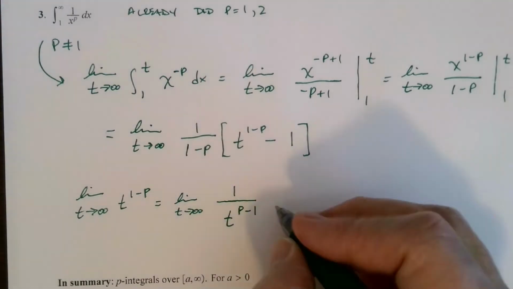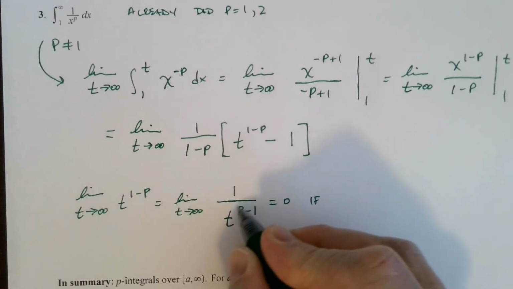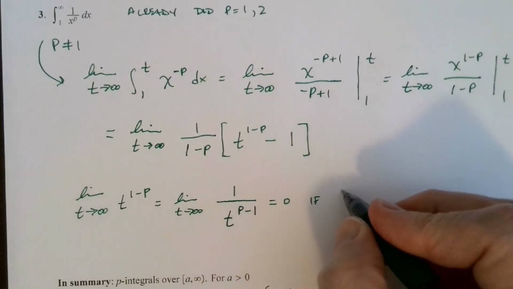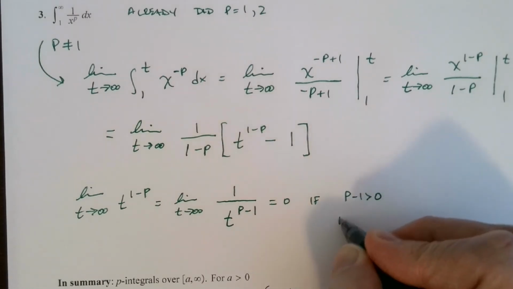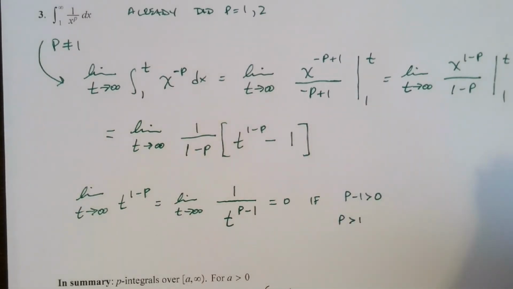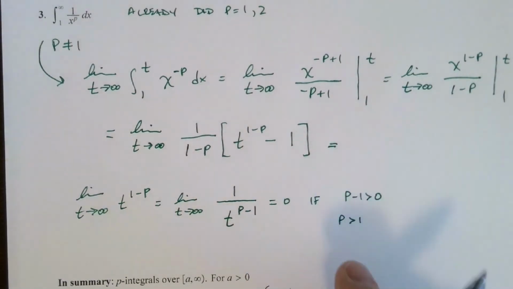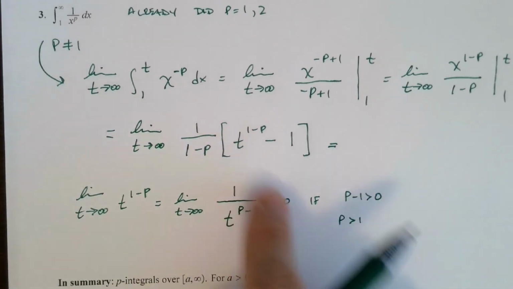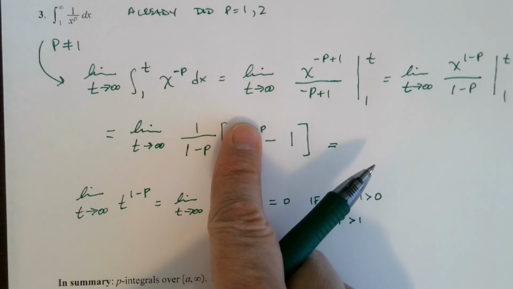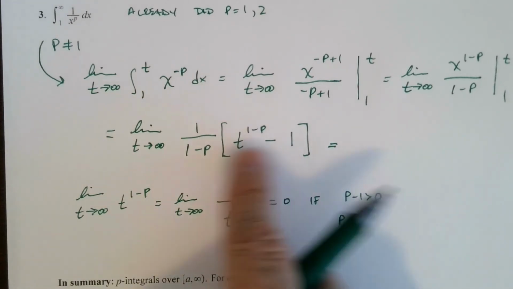This thing I know is going to be equal to 0 if this exponent is positive. So if p minus 1 is greater than 0, or if p is greater than 1. So go back up here. If p is greater than 1, then this thing is going to go to 0, and we're just left with a negative 1 here. 0 minus 1 times that.